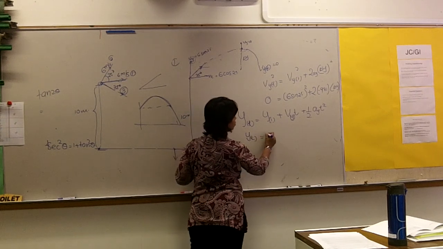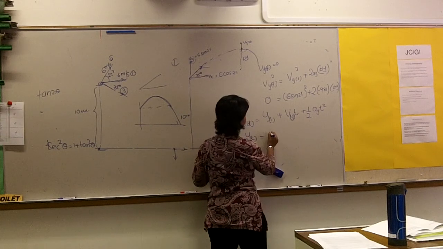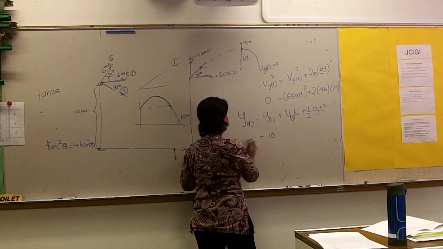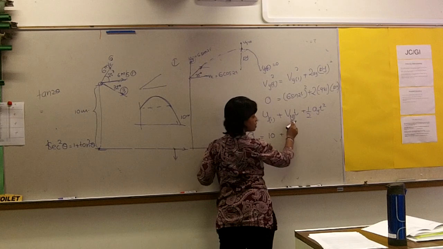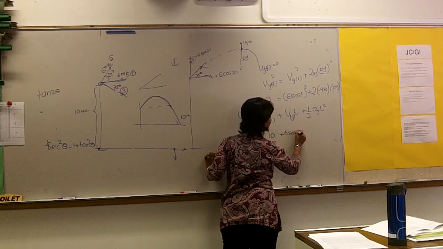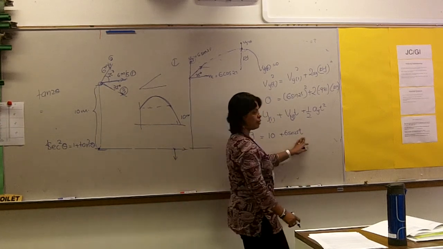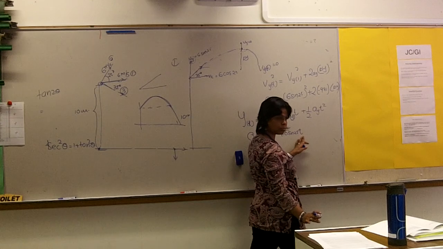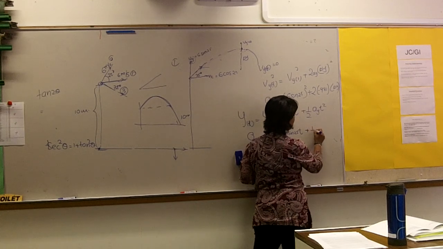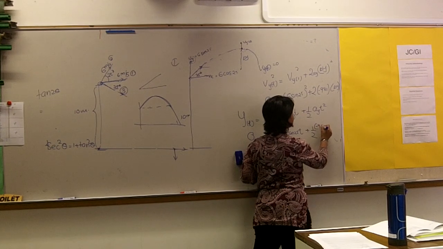So y at t is equal to yi, which is your 10. This is 0. What is this? 6 sine 25 t. Okay? But t we don't know. Plus half, what is your ay? Negative 9.81.